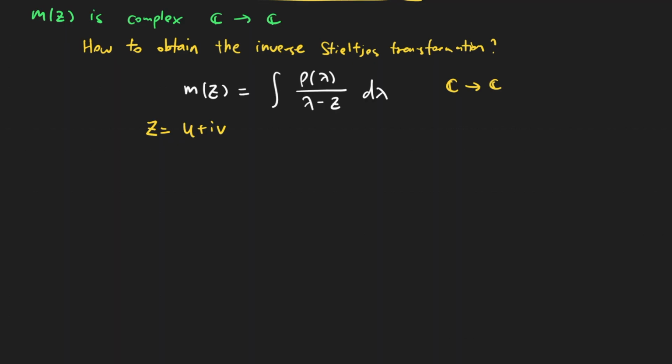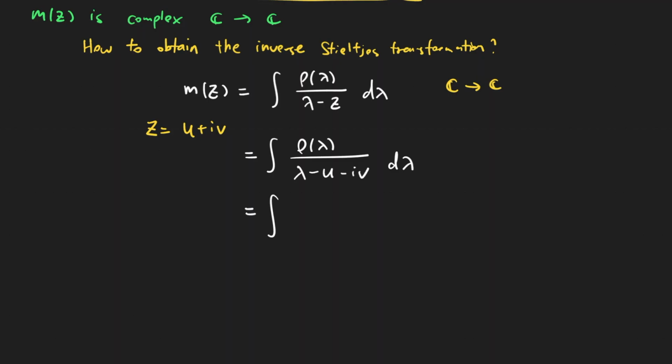Then we can spell out this transformation as the integral of rho of lambda over lambda minus u minus iv d lambda. We can use the conjugate to separate out the real part and the imaginary part. So let me slow down a little bit.